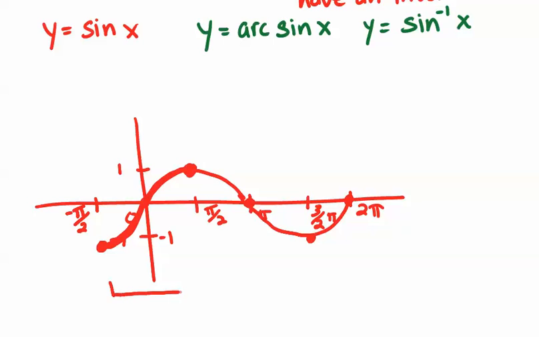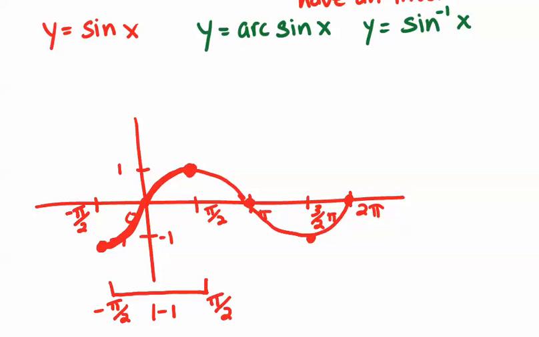So for our restricted section, we want to get as close to the axis, as close to the origin as we can. So if we restrict the domain of the sine function from -pi over 2 to +pi over 2, then we have a 1 to 1 section of graph.